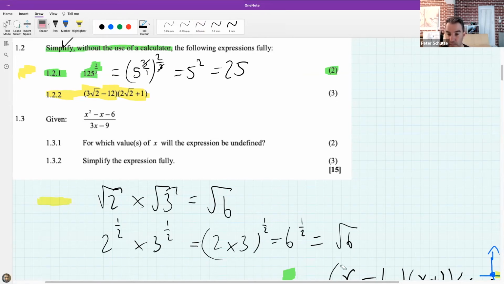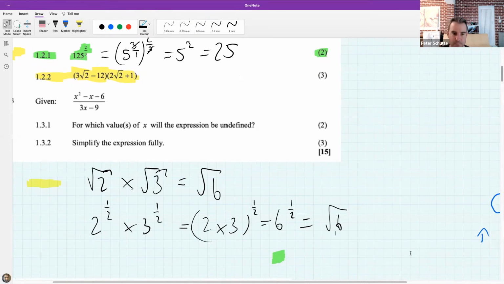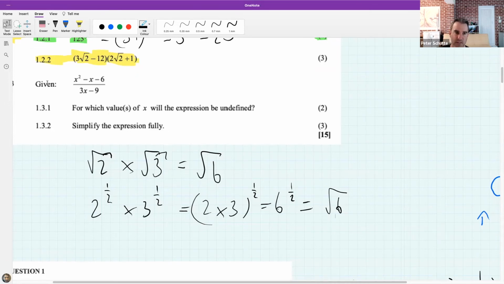If you need more help, I will give it to you, but I feel like that's a good enough cryptic clue for now. So you're simplifying without the use of a calculator was the question that I've kind of cut off there. And we're doing the yellow one.